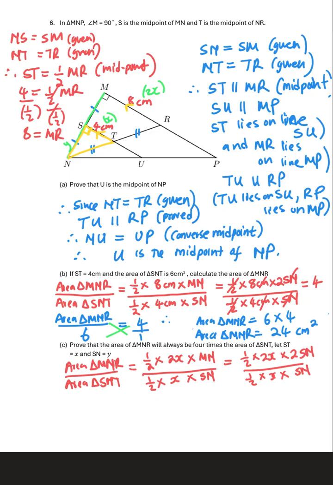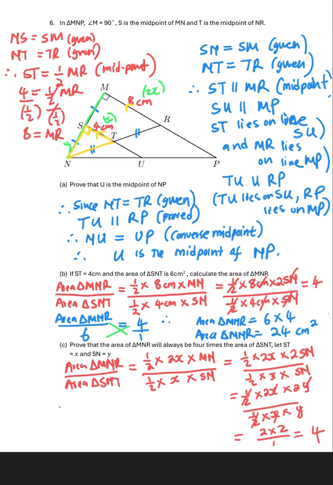But SN is Y, so we can replace SN by Y, and then we have 1 over 2 times X times Y. Then we see that 1 over 2 cancels with 1 over 2, Y cancels with Y, and X cancels with X, and we are left with what? With 2 times 2 over 1 at the bottom, so we have 4.